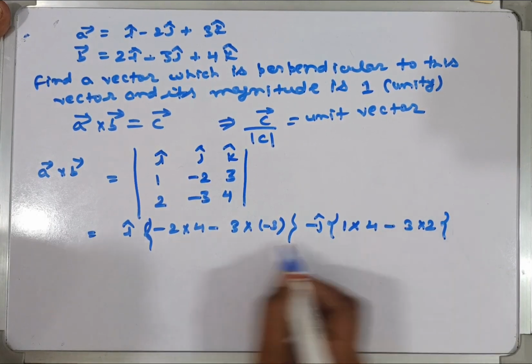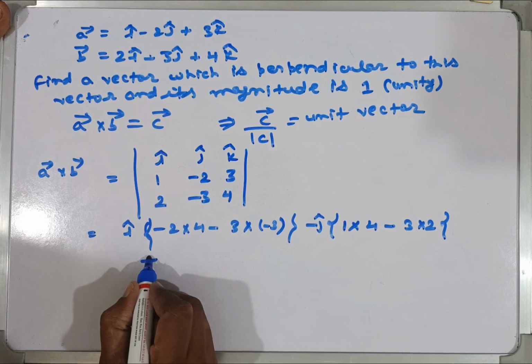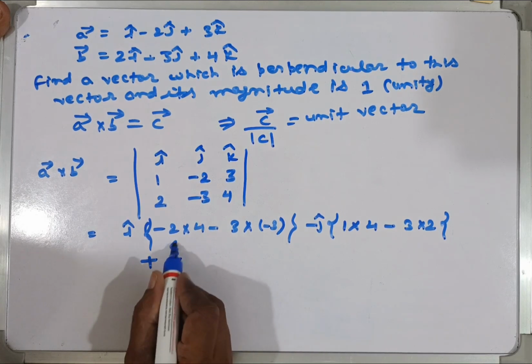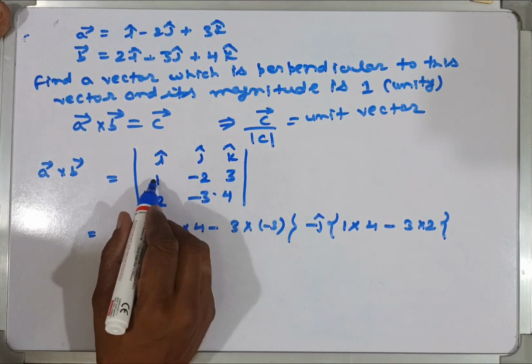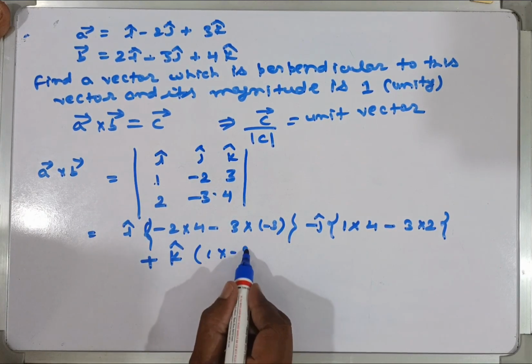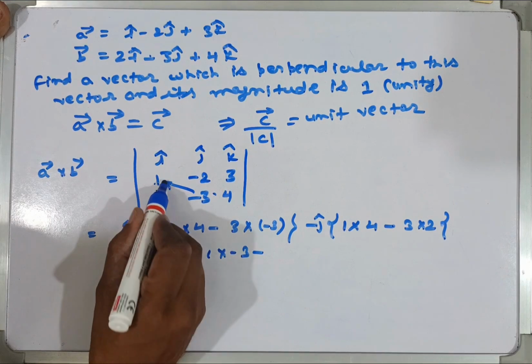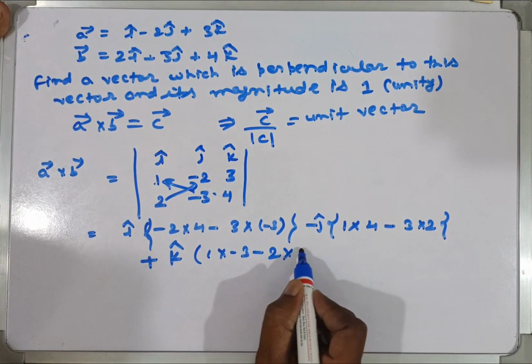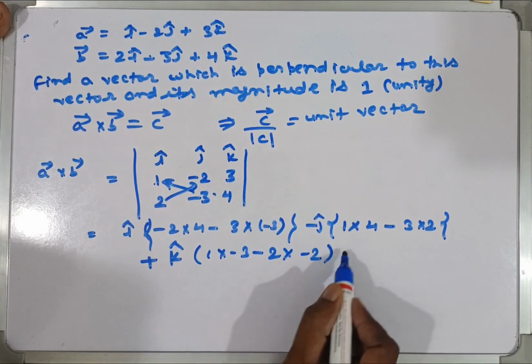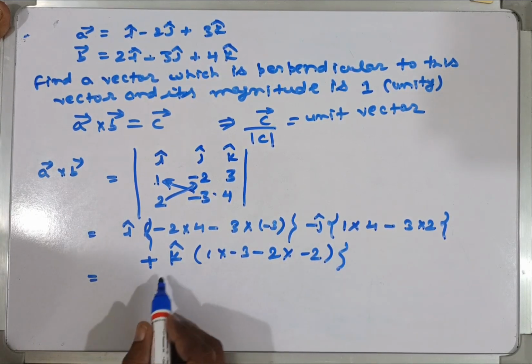We already discussed at the start, the k vector equals what guys? 1 into minus 3 here like this, and here like this, minus 2 into 2. So now solve this one.